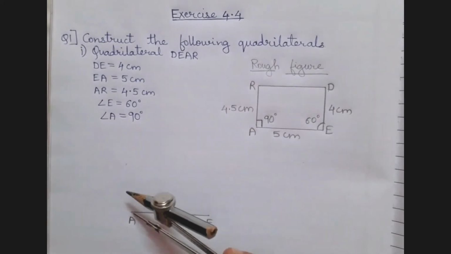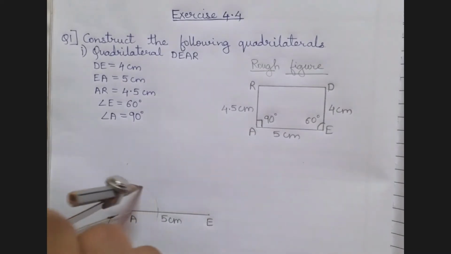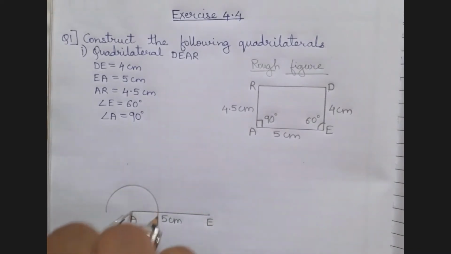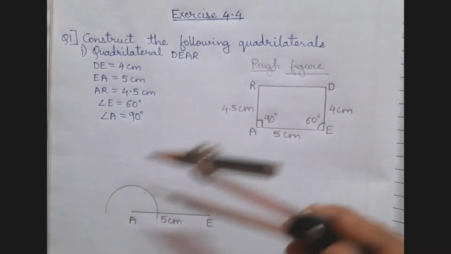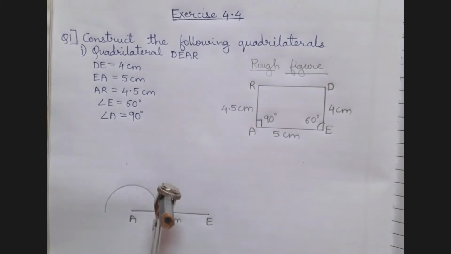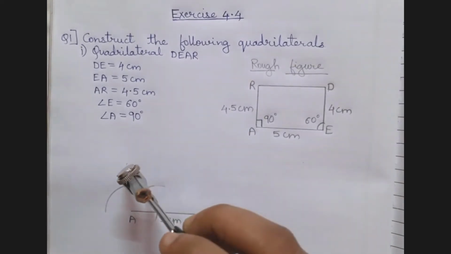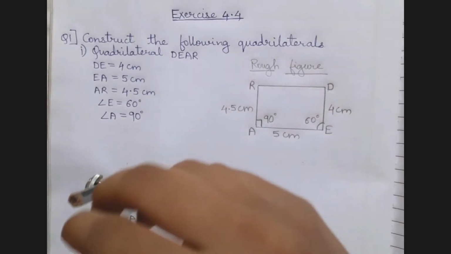So take a compass, keep it on point A and draw an arc of any measurement. Keeping the same measurement, place your compass pointer on this point and draw an arc. With the same measurement, we will keep our compass pointer here and draw another arc.